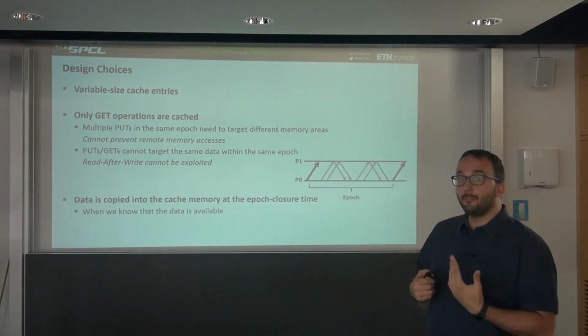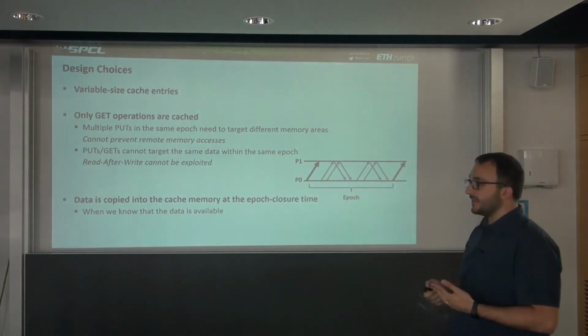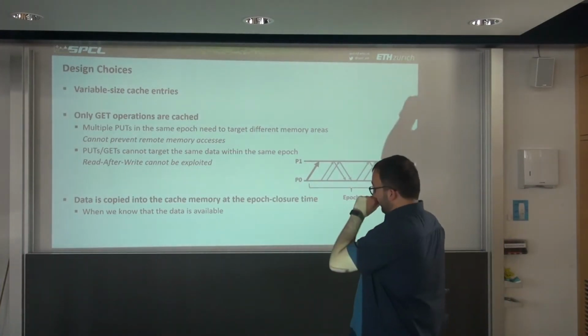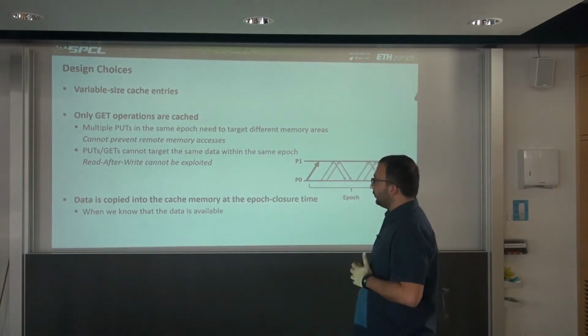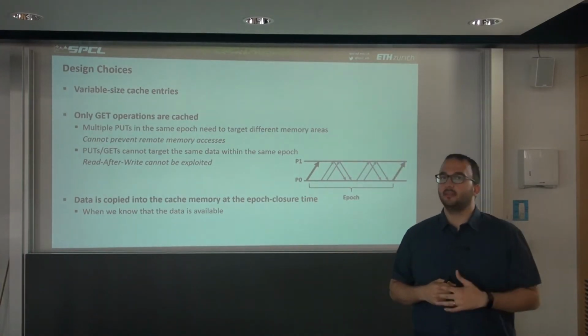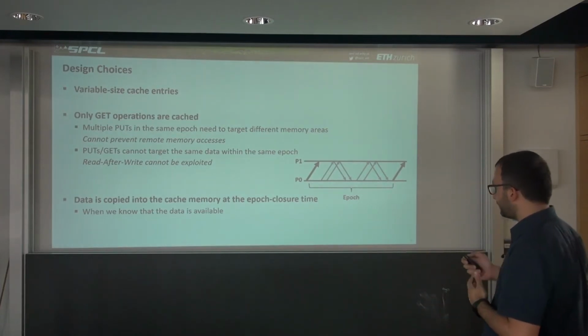Also, you cannot have puts and gets targeting the same memory area in the same epoch. In this case, the outcome of this operation will be undefined. So this is why we choose to cache only get. Obviously, the framework can be extended in order to cache also accumulate operations.